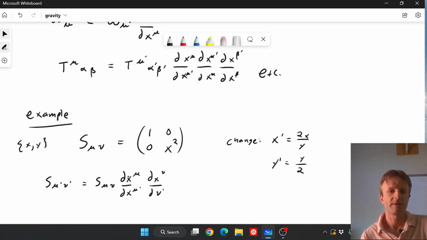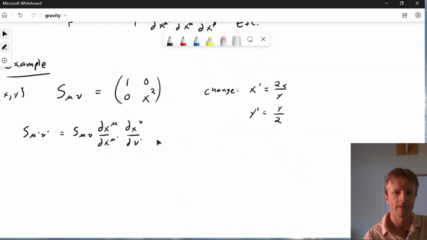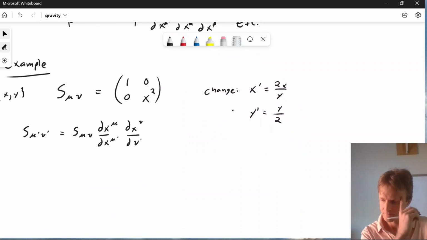And so you can see I'm going to need derivatives of the old coordinates with respect to the new ones. Now, I can't just straightforwardly get them because I actually have the new ones in terms of the old ones here. So the first thing I'm going to have to do to start getting dx mu prime is invert these. So let's see if I can manage to invert.